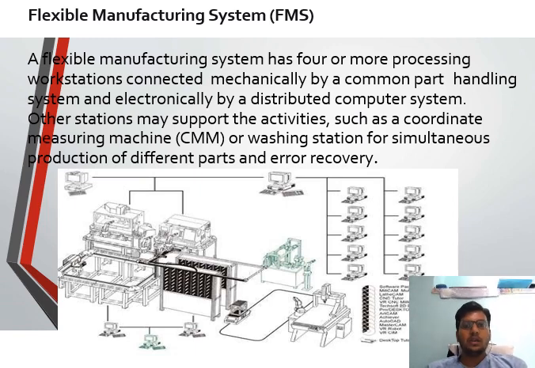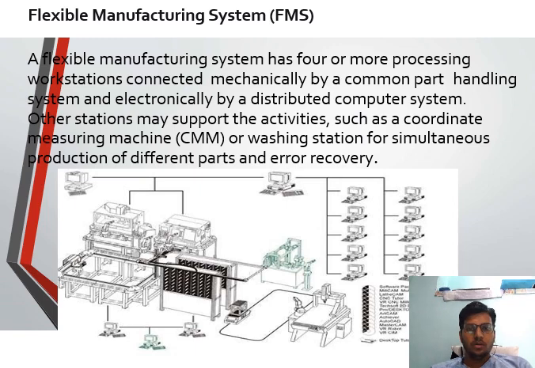So in this FMS system there are four or more processing workstations. These are connected mechanically by a common part handling system, and again the distributed computer system is used to connect them, so all activities are carried out at one time during operation.